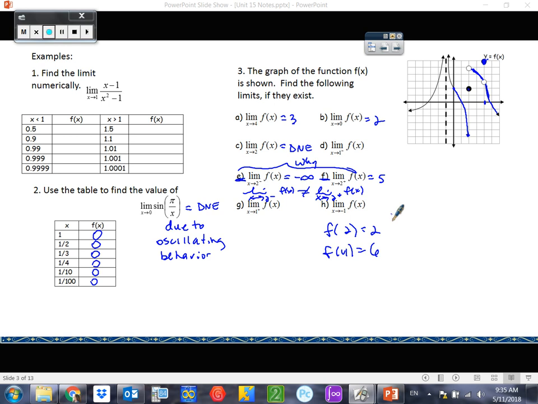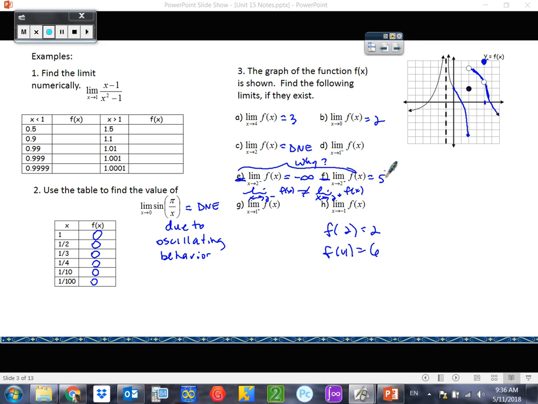If you don't want to write it out in this notation, you can say it in words. You can write a sentence: the limits from the left and the right don't equal each other. But that's the reason why. That's our why.